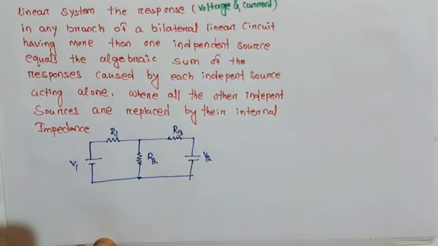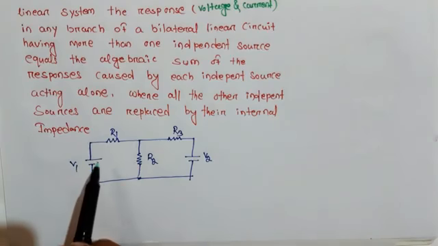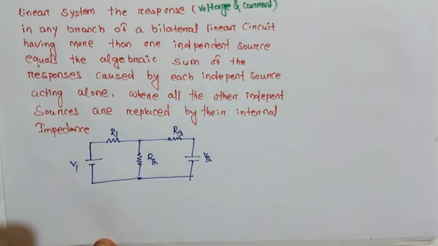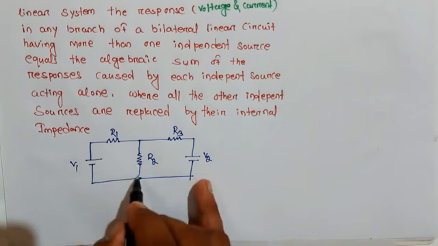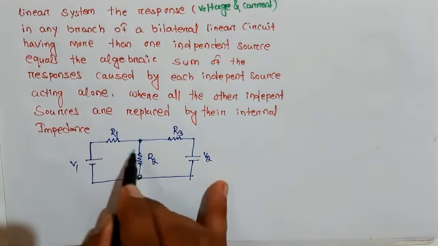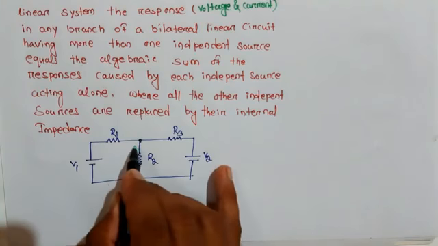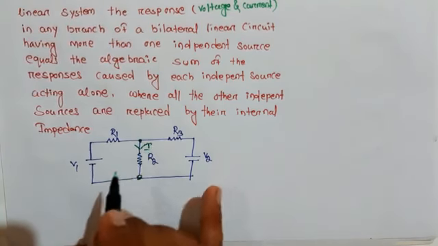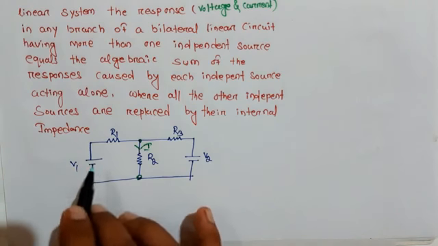If this type of circuit is present, with two or more independent sources compulsorily present, then this theorem says that if we take this branch and find the current or voltage in it, let the current through this branch be I, equal to the sum of the responses of the individual sources.